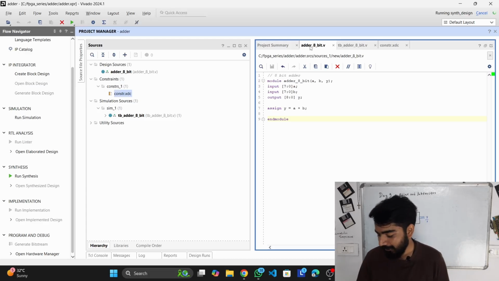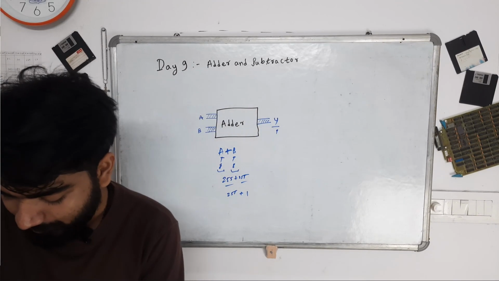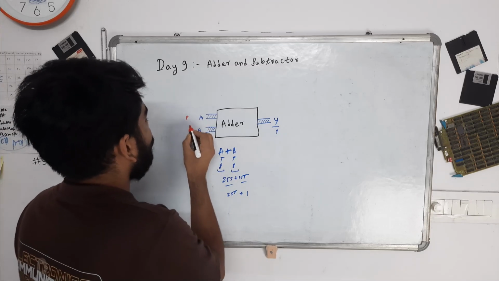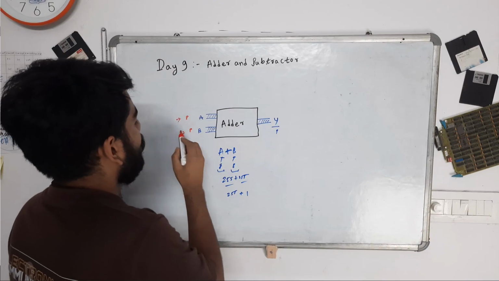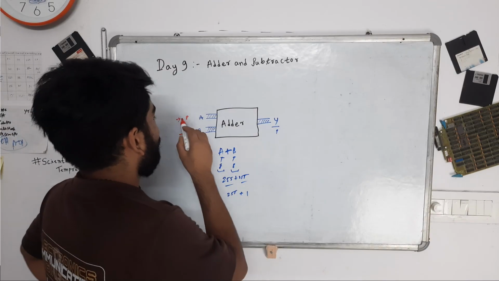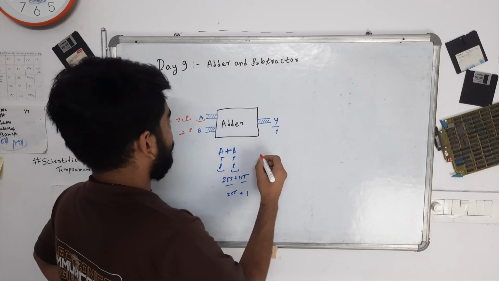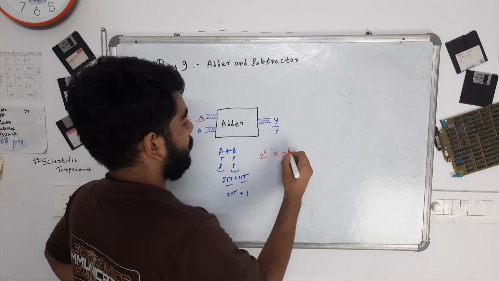If you see here, we actually have 8-bit inputs, 2 of them. So the number of combinations for A is 2 to the power 8, and you multiply it with 2 to the power 8.